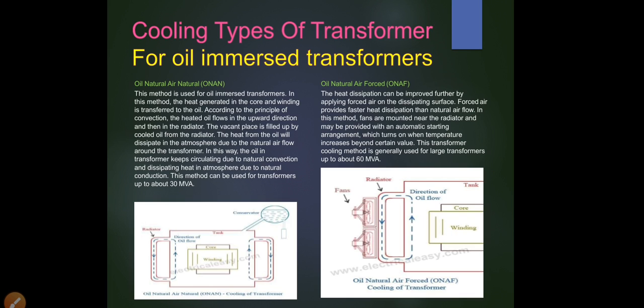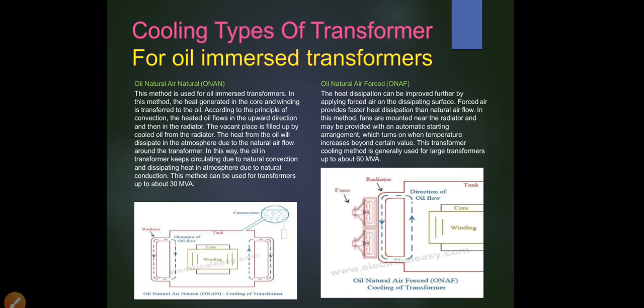And oil natural air forced, which is ONAF, the heat dissipation can be improved by applying forced air on the dissipating surface, and the forced air provides faster heat dissipation than natural airflow.